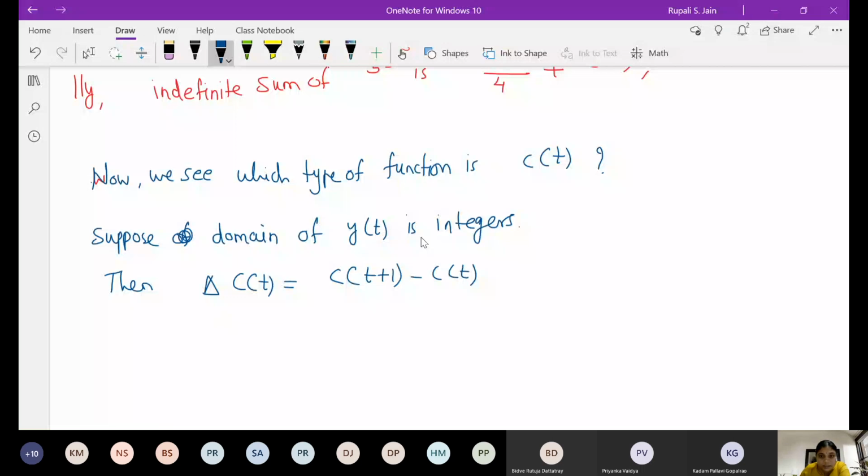Why are we taking t here? Suppose my domain of y can be real numbers, natural numbers, or integers.